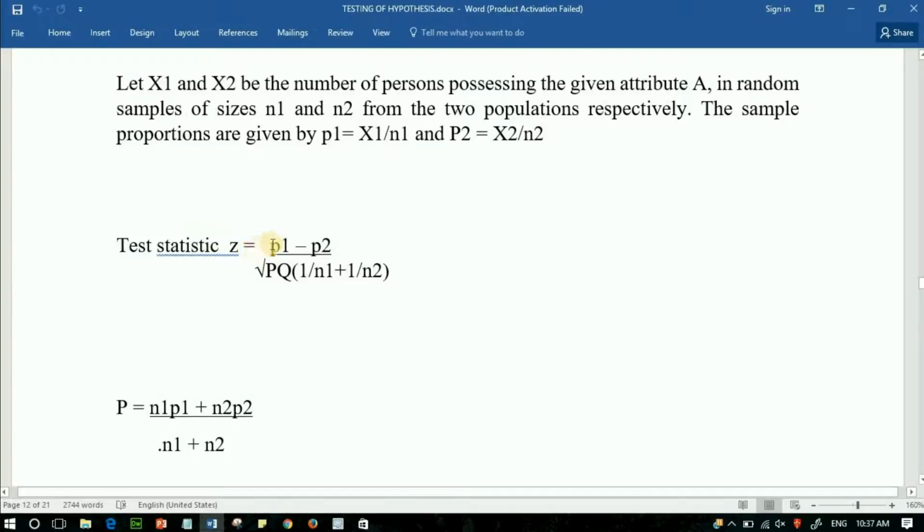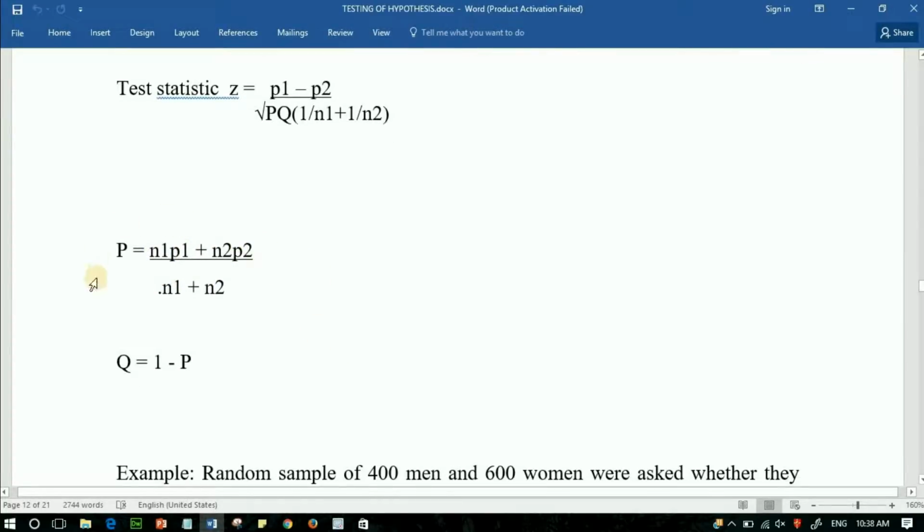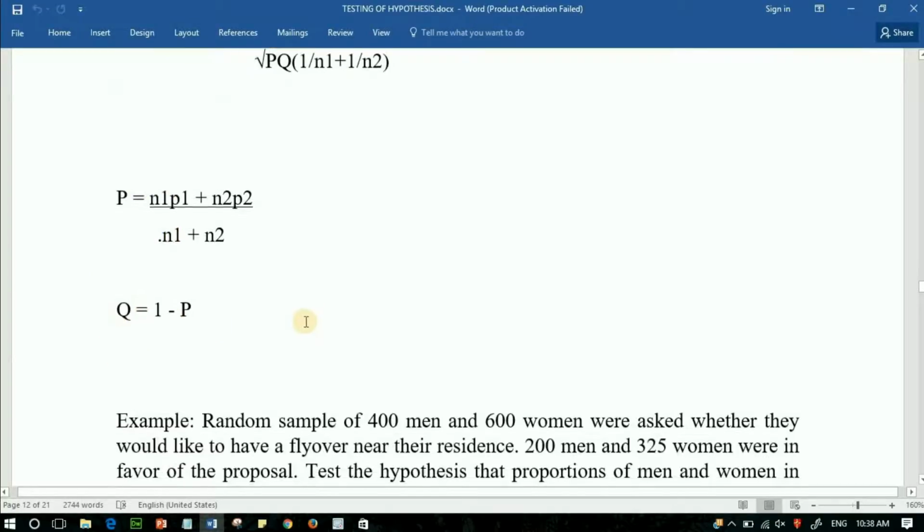Then the test statistic z is equal to p1 minus p2 divided by square root of PQ into 1 by n1 plus 1 by n2. How do we find P? P is equal to n1 p1 plus n2 p2 all divided by n1 plus n2. And after finding P, we can easily find Q, that is Q is equal to 1 minus P.